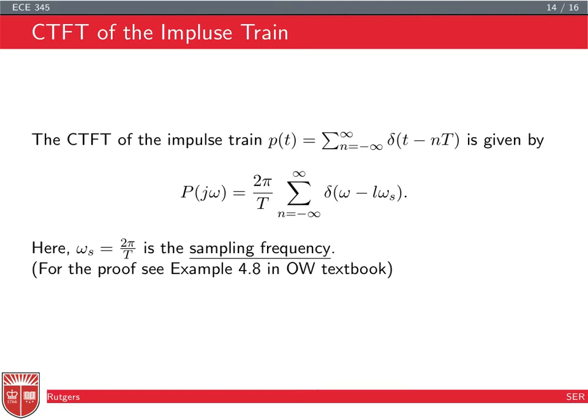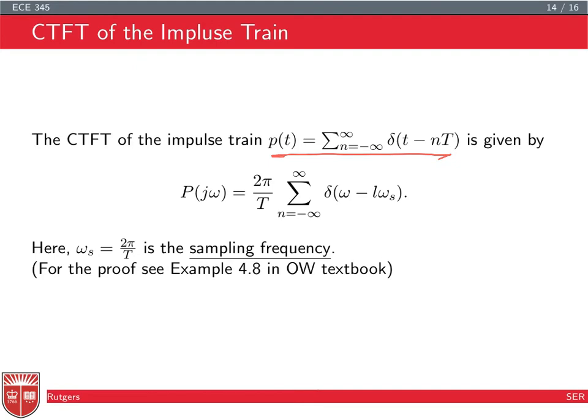The remaining question is, in the frequency domain, what is the CTFT of the impulse train? The impulse train is a periodic signal, and you know from the DTFT lecture that periodic signals become, in the frequency domain, also an impulse train.